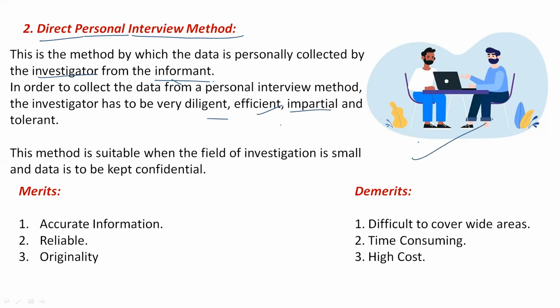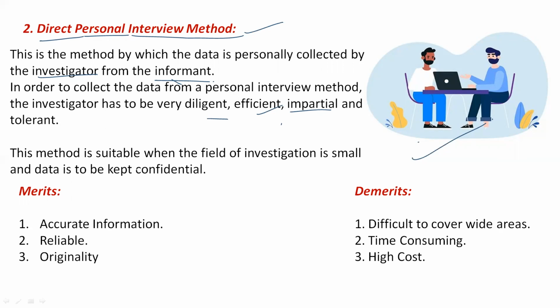These are the qualities an investigator should have if he wants to directly communicate with the informant, or use the direct personal interview method. Basically, two parties are involved, so both persons can directly communicate with each other and pass the information.